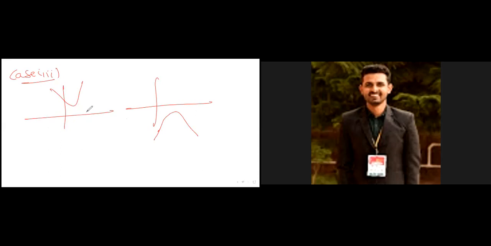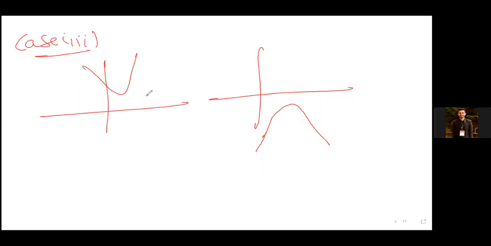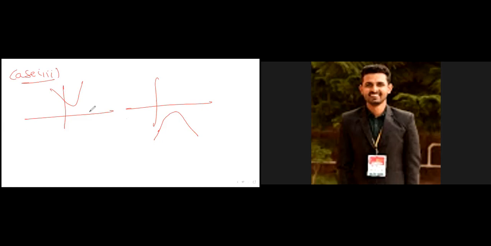So how many zeros here? How many zeros in this type of graph? Yes, there are no zeros, because the graph is not intersecting at all.